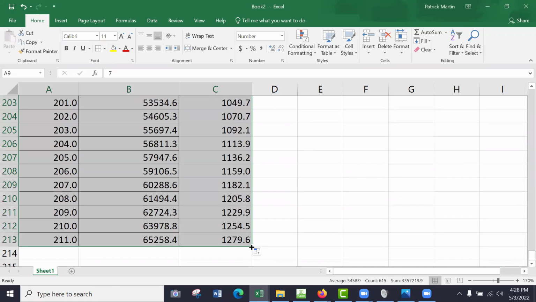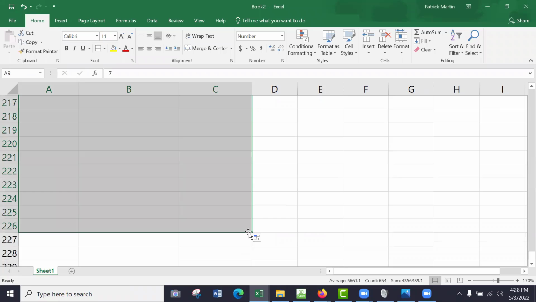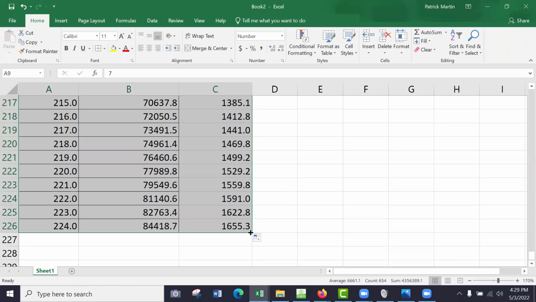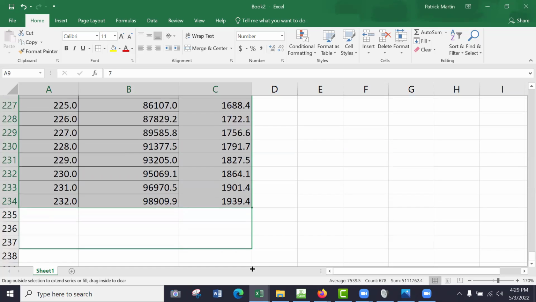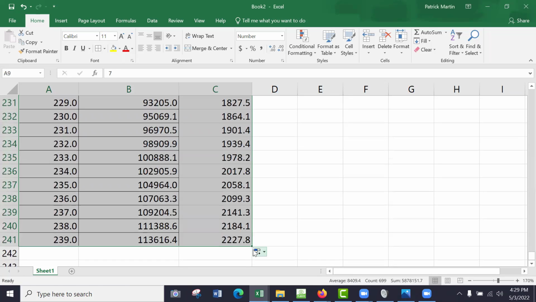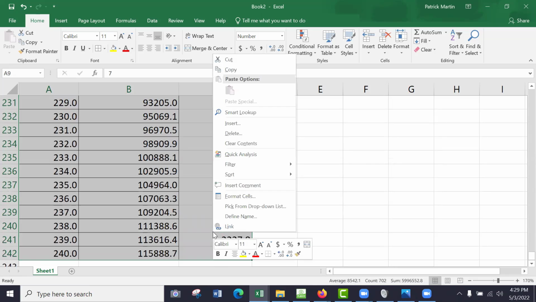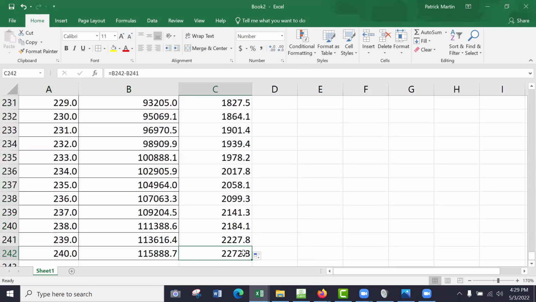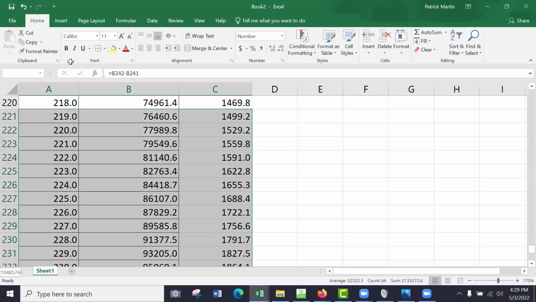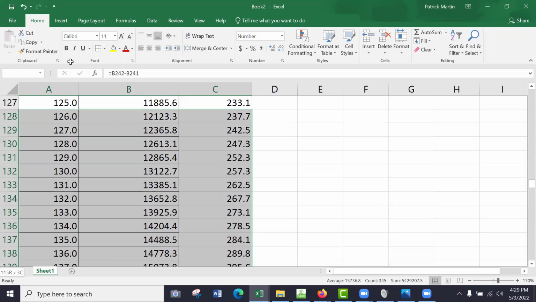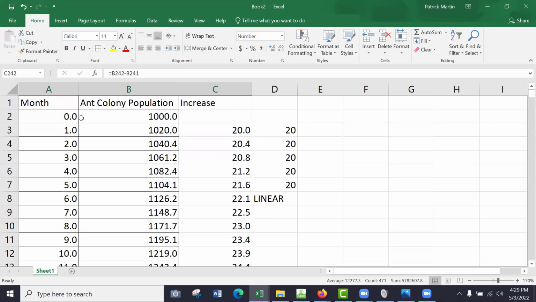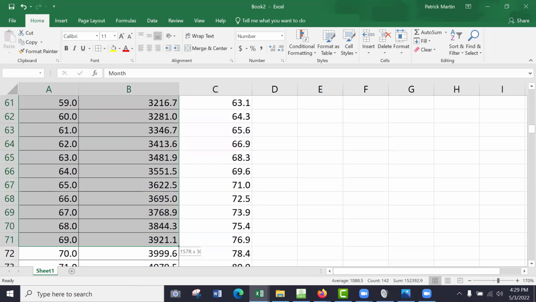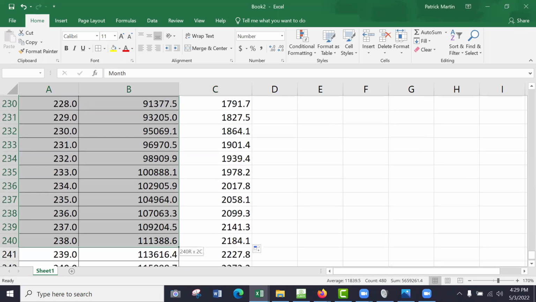Isn't 240 months 20 years? There we go. I just want to see if we can show an actual curve on this for the exponential function rather than a straight line.